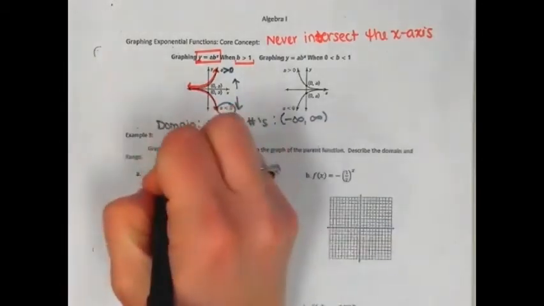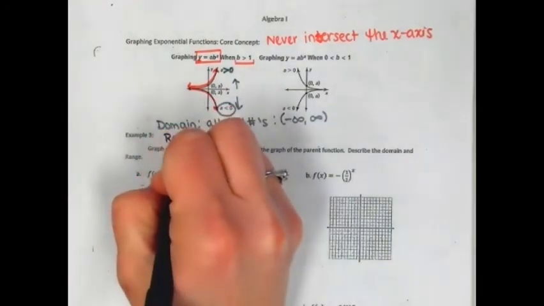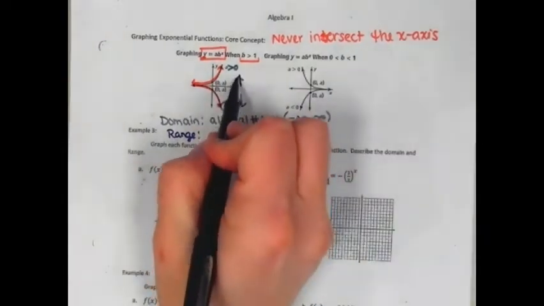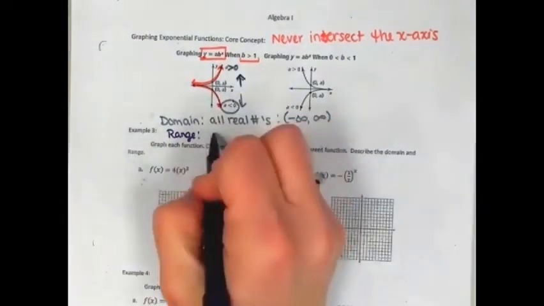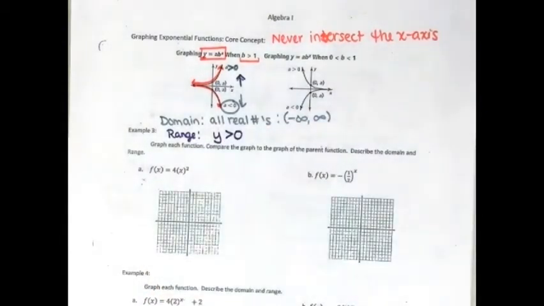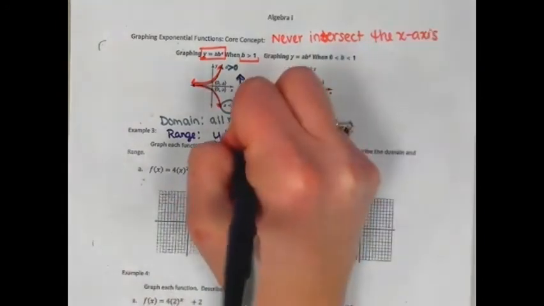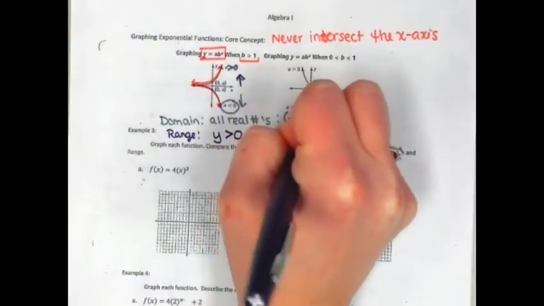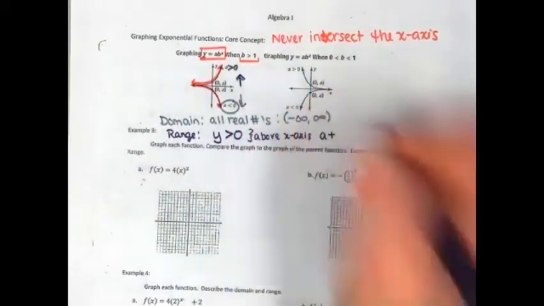Your range. The range is my y values, right? If I'm above the x-axis, y is going to be greater than 0, right? And this is for when you're above the x-axis, meaning a is positive.